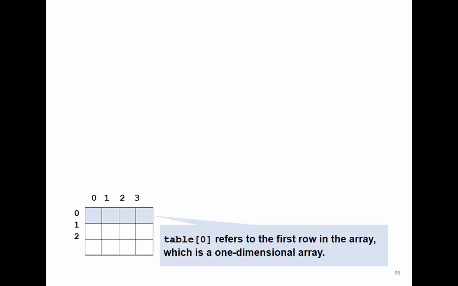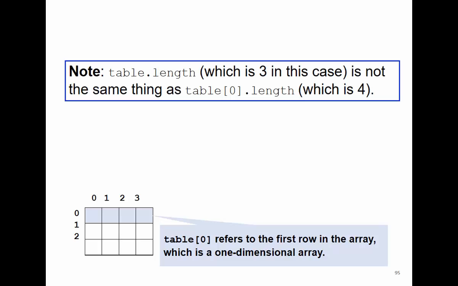This is exactly the same. You have 0, 1, 2, the 3 elements, and you have 0, 1, 2, 3 in each element. You can visualize it like this. This is table 0. If you put table 0, this will return an array of length 4. If you put table 0 and then open the bracket and put 1, this will return element 0, 1.